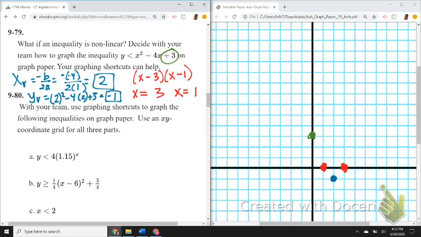I plotted some quick points, or as quick as possible at least, and you didn't have to have a perfect looking graph. You notice the last sentence of this problem 79 says your graphing shortcuts can help. So if you remember a few shortcuts, what I wrote in red is when you factored and used the zero product property to find your zeros, your x-intercepts. So I have an x-intercept of 3 and I have an x-intercept of 1.